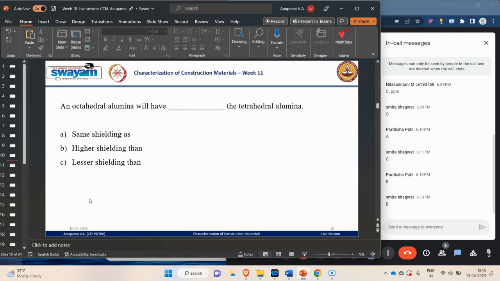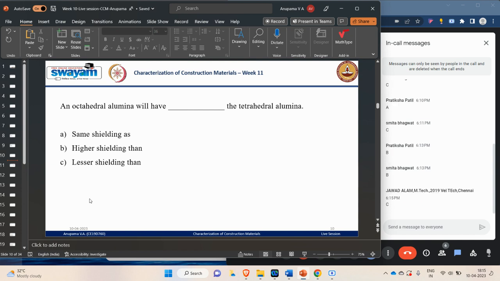Option A says that the shielding is the same. Option B says when it is octahedral, it has a higher shielding compared to the tetrahedral. And option C says octahedral has a lesser shielding than the tetrahedral alumina. Okay, I received one response, that is C, lesser shielding.